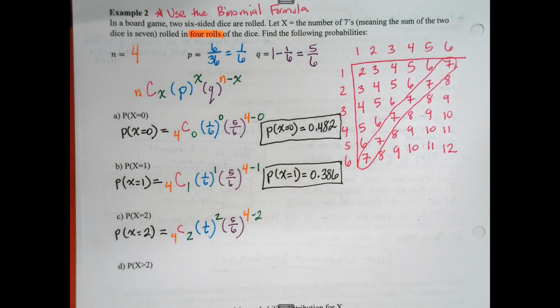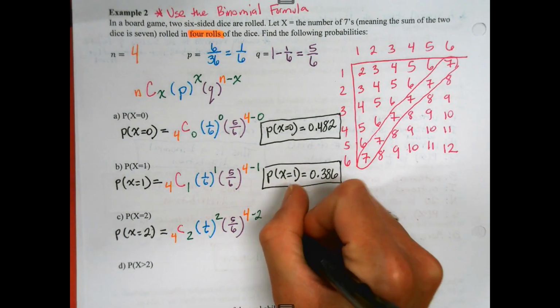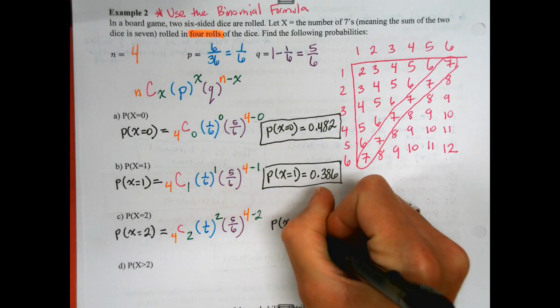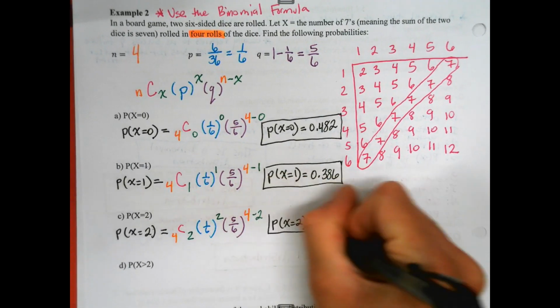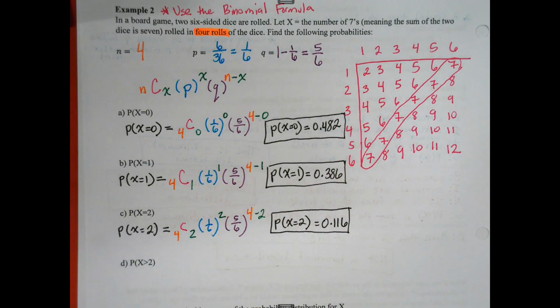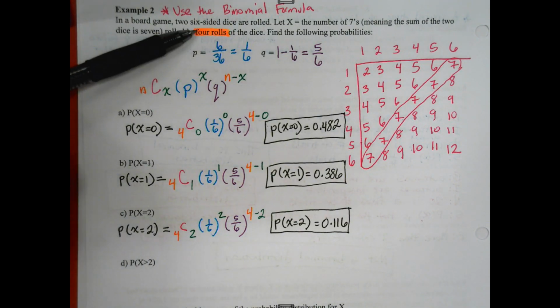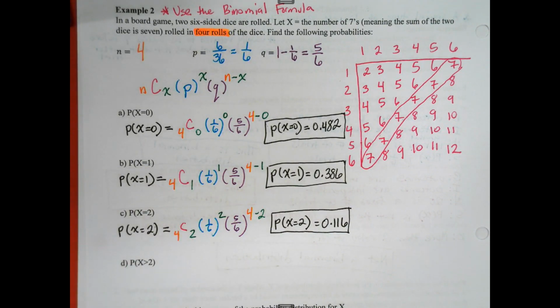Use your calculator, and you get that the probability that x is equal to 2 is 0.116. We could keep going to fill out the entire table. Since our situation had 4 rolls, we would have 0, 1, 2, 3, and 4 as our x values in the table, and then the probability values would be in the second column.